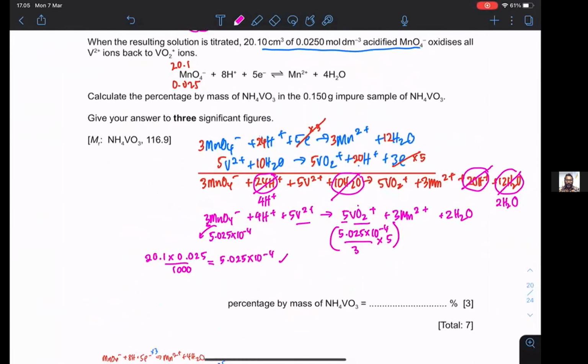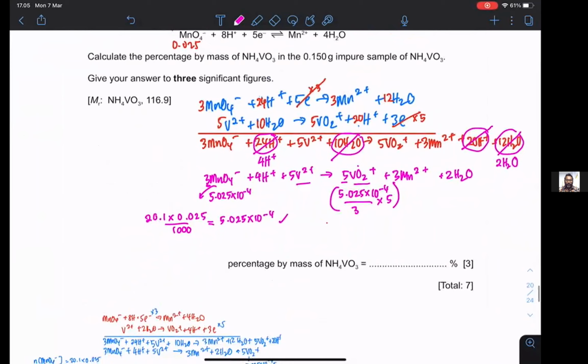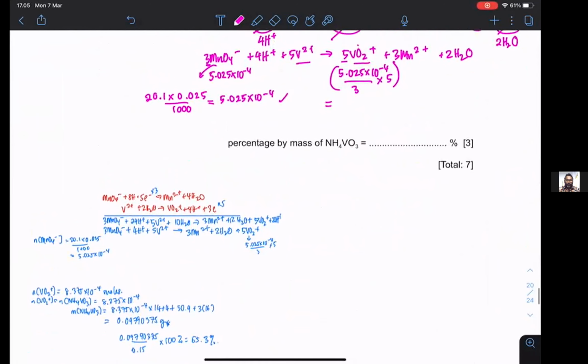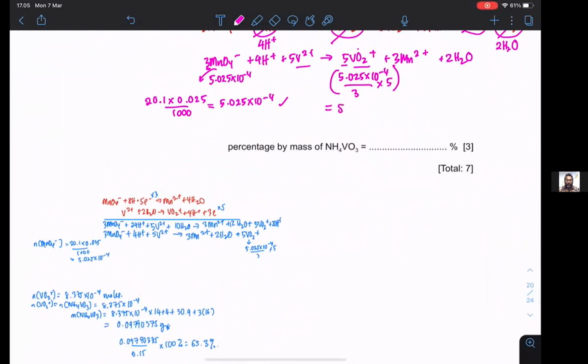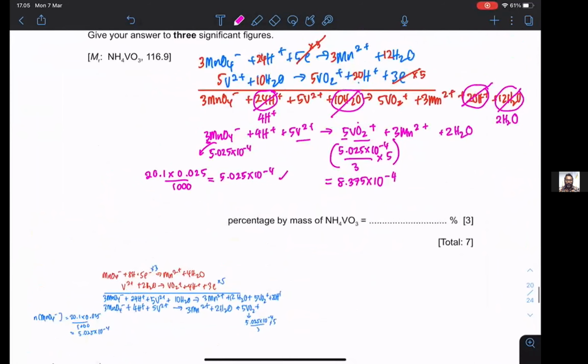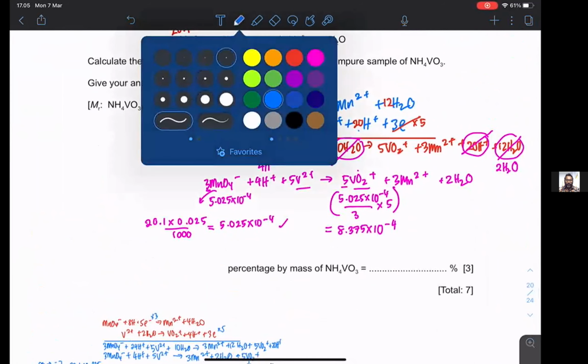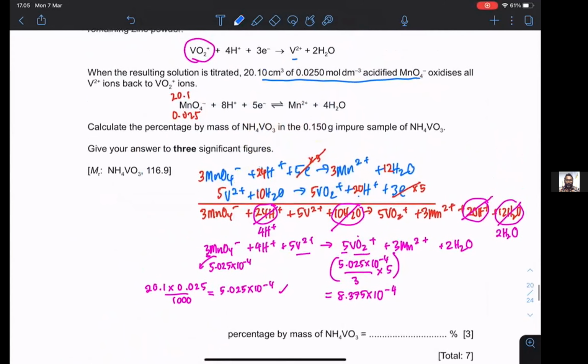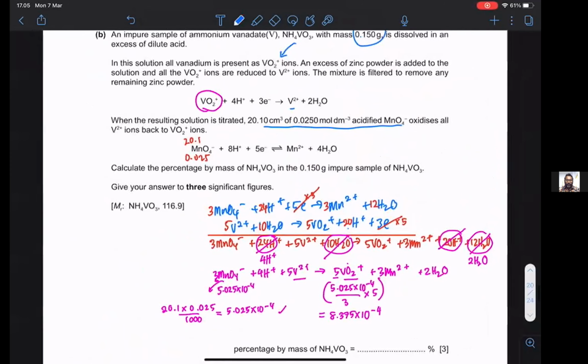If you calculate that, I have calculated that part just now, you are going to get 8.375 times 10 negative 4. Now, what do we have over here? They have mentioned that all vanadium present is going to be VO2 plus ion.